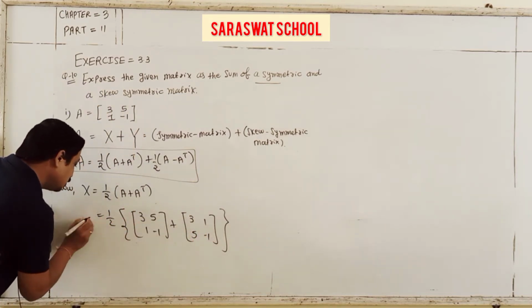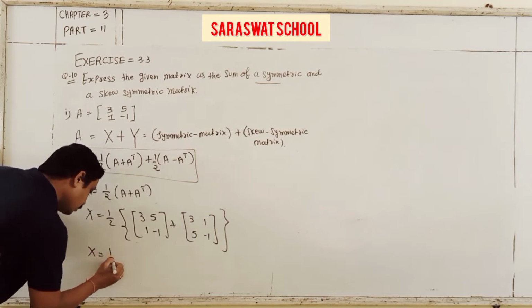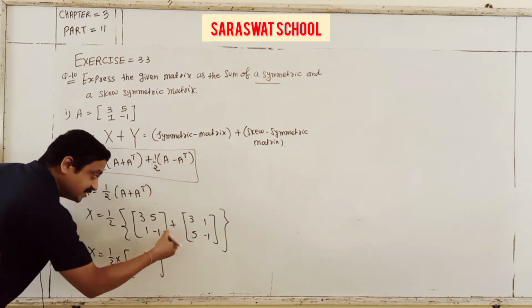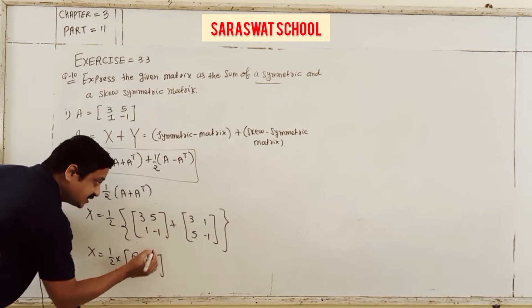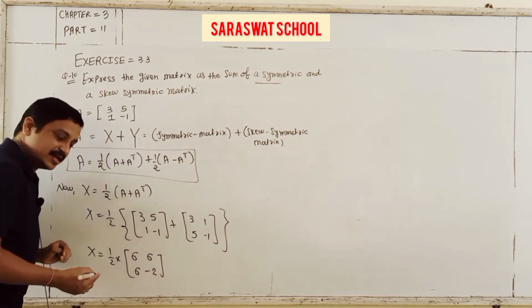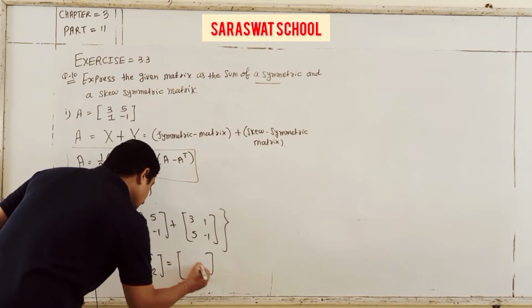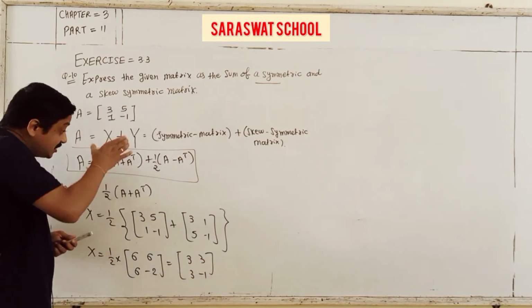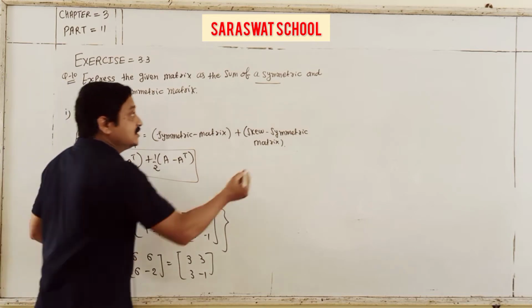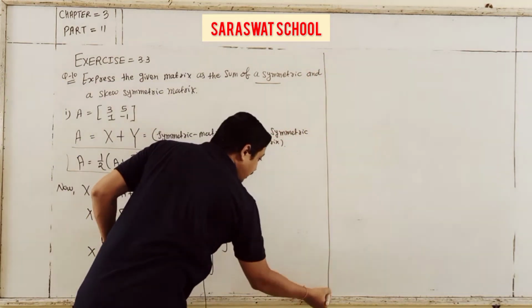Adding: 3 and 3 is 6, 5 and 6, 5 and 1 is 6, and minus 2 here. Divided by 2, we get 3, 3, 3, minus 1. So this is the symmetric matrix, one part is done.